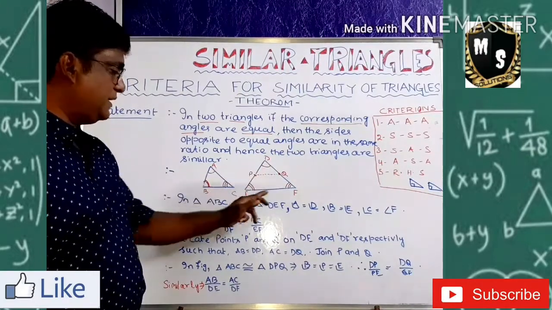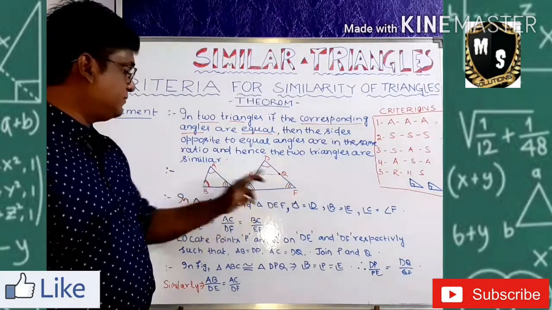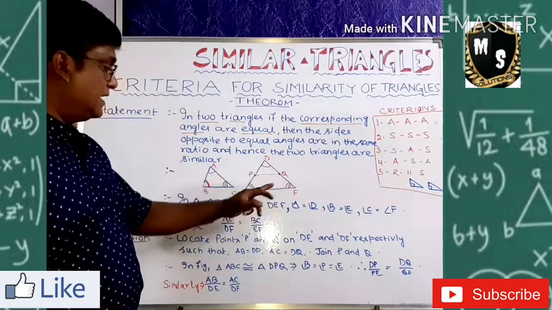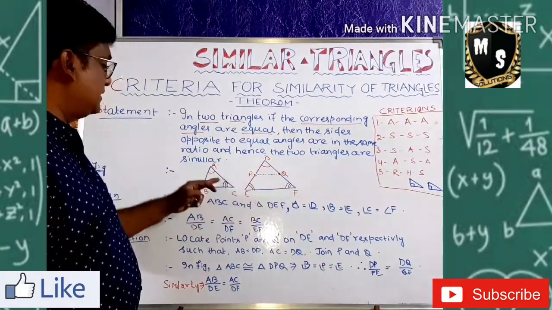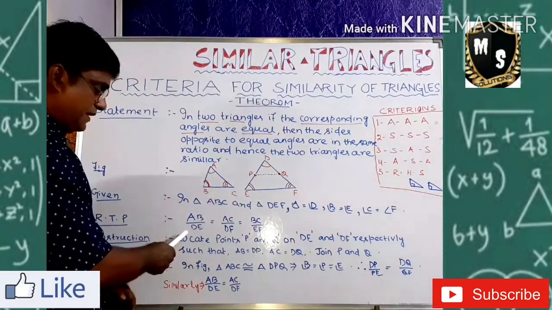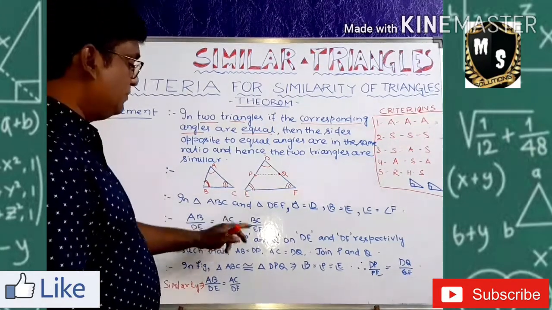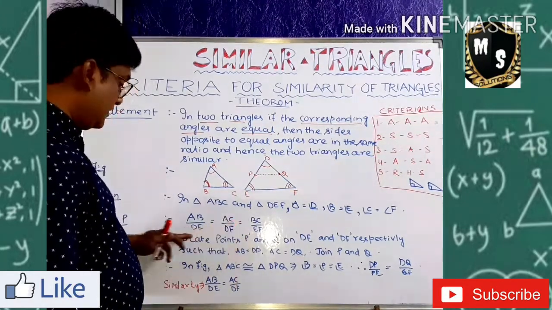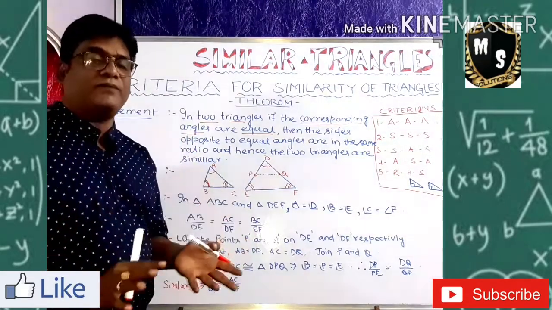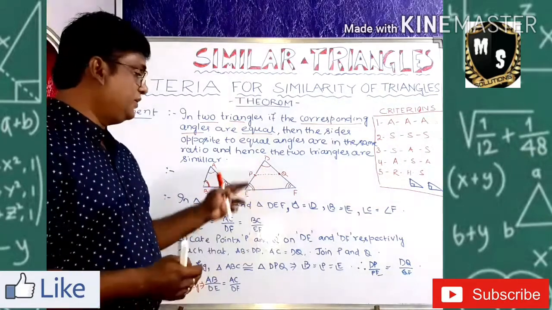So BC by EF, then B angle opposite AC, E angle opposite is DF, AC by DF, then F angle opposite is DE, and C angle opposite is AB, AB by DE. I wrote here AB by DE must be equal to AC by DF must be equal to BC by EF. If they are in same ratio, we have to prove that triangle ABC is similar to triangle DEF.